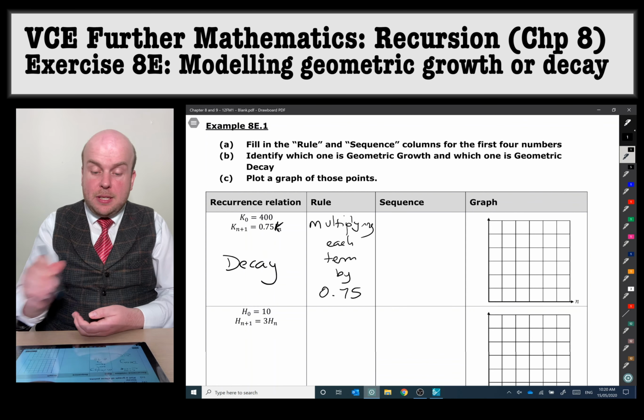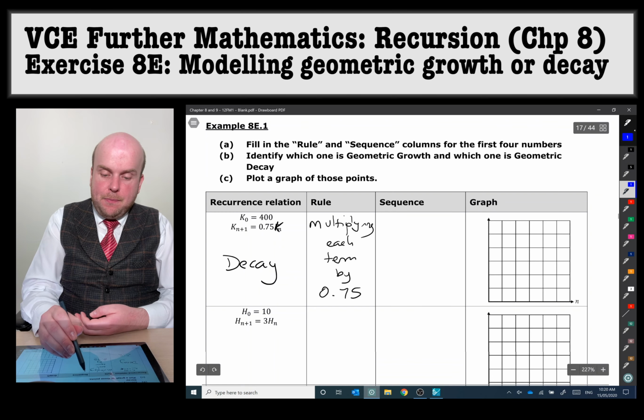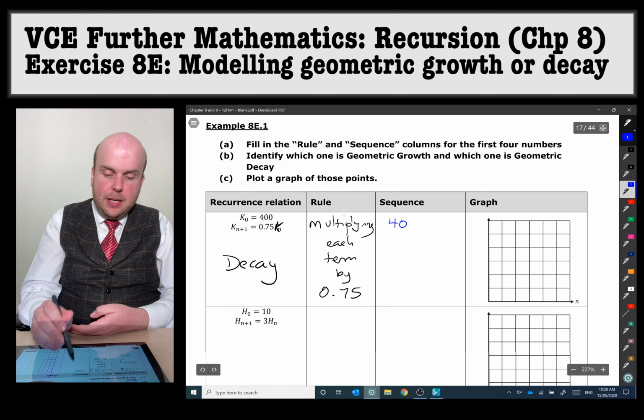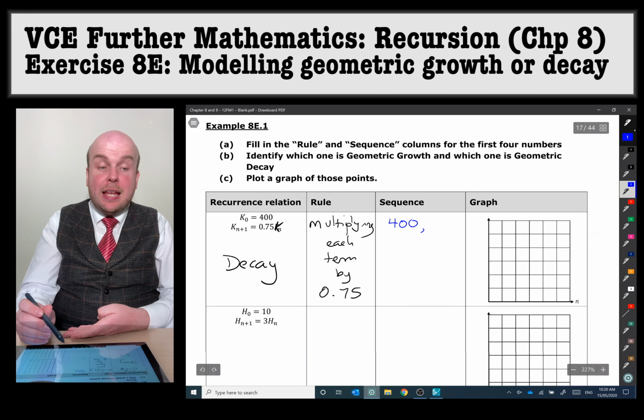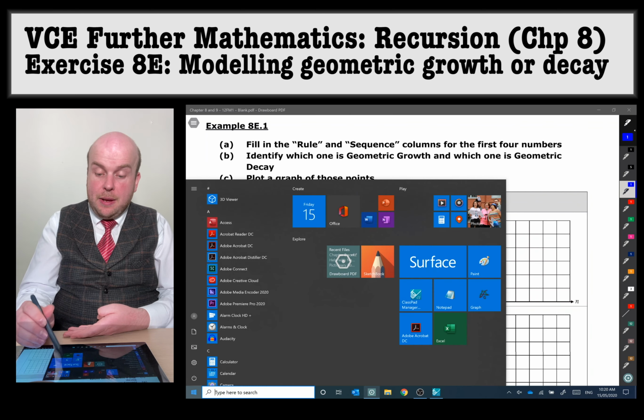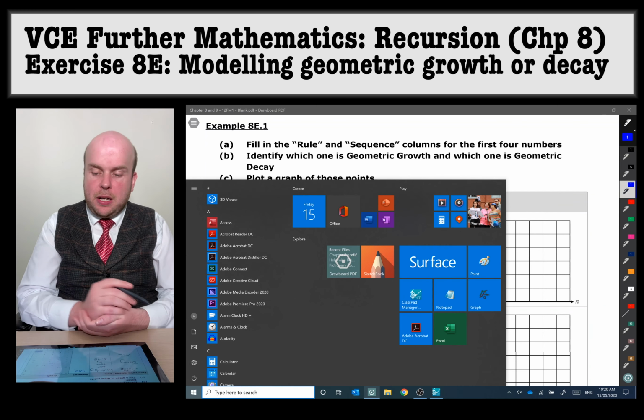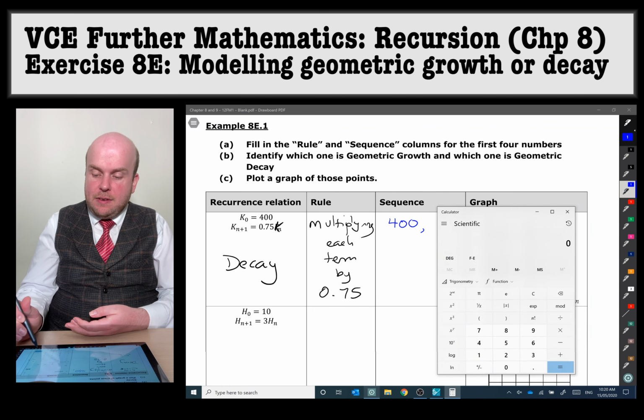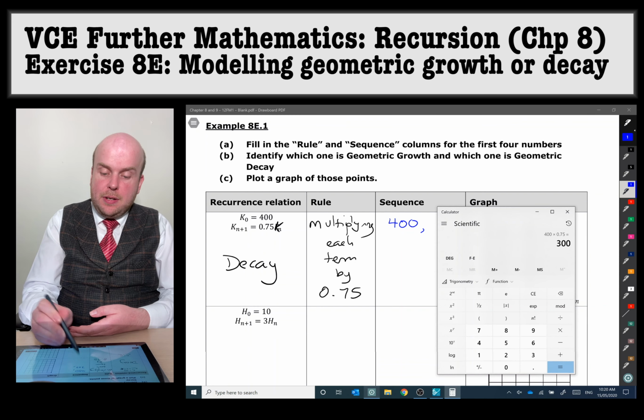So what are the next numbers in the sequence? Well, it starts with 400. So that's the first one. And then what we need to do is times it by 0.75 each time. Now, I could use my CAS, or I could just go with a classic scientific calculator here, times 0.75, and that gets me 300.